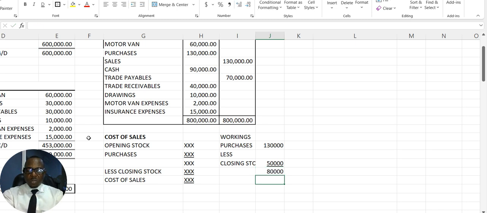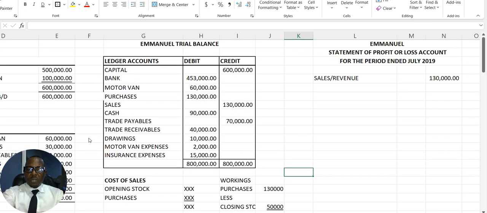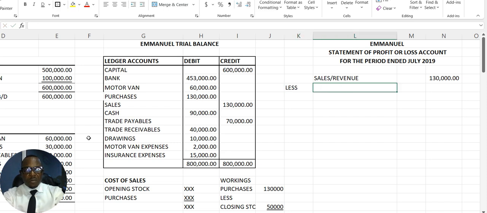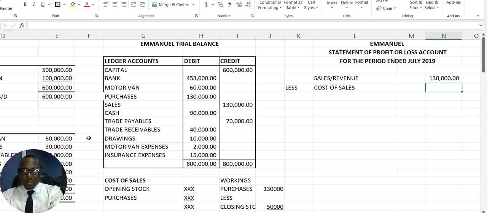So your cost of sales becomes how much? 80,000. So come to this place and put less cost of sales, 80,000. Since you are removing it, you should have a total.